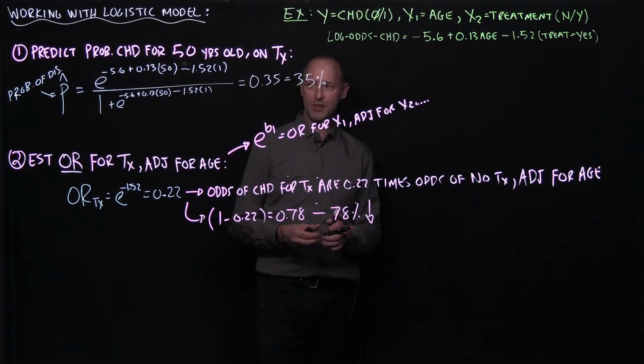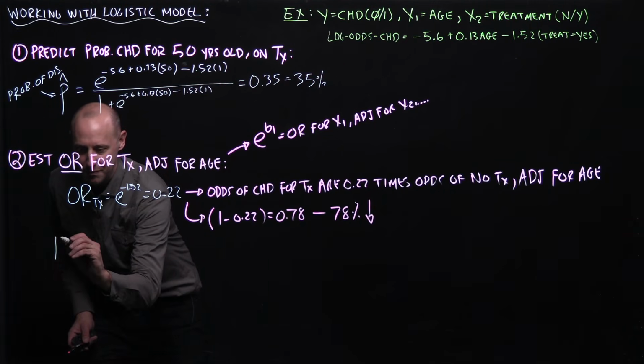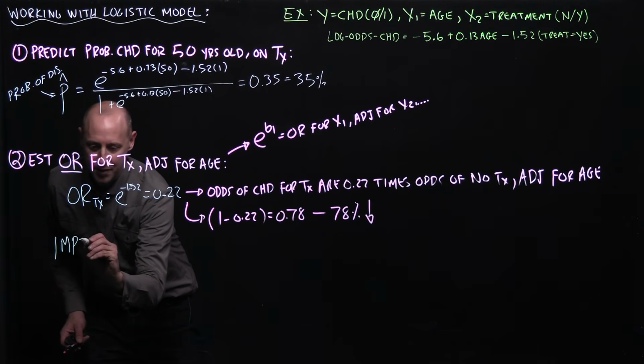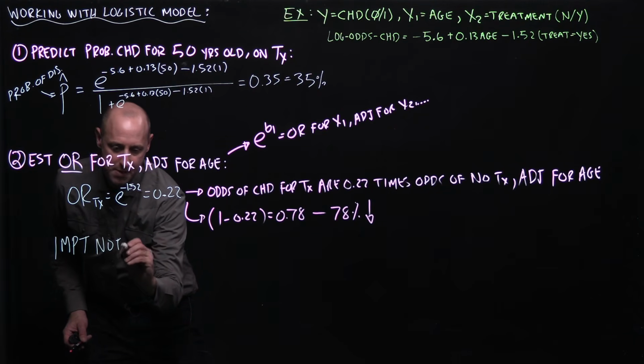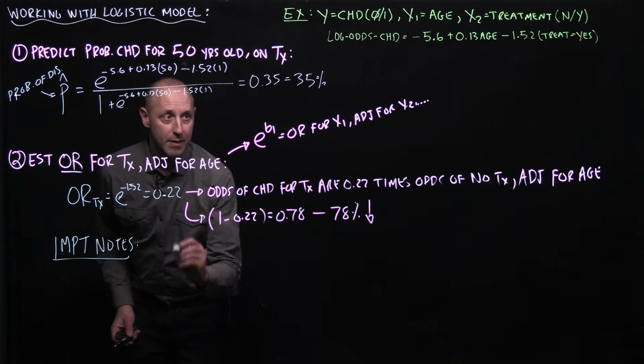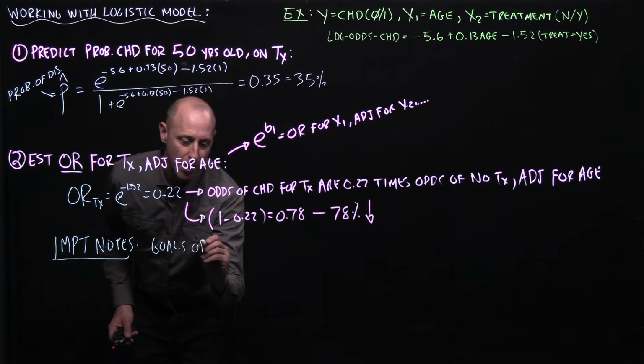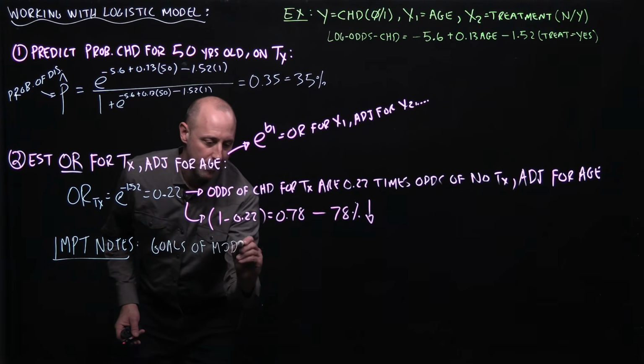Now, a few important notes, and I'll write some of these down because I think they're important enough to make sure we get them on the board here. Just a reminder about the goals of a model.